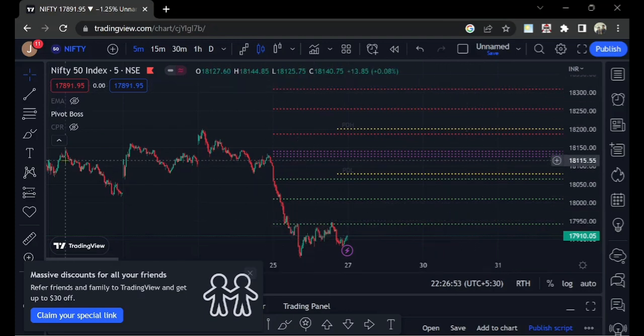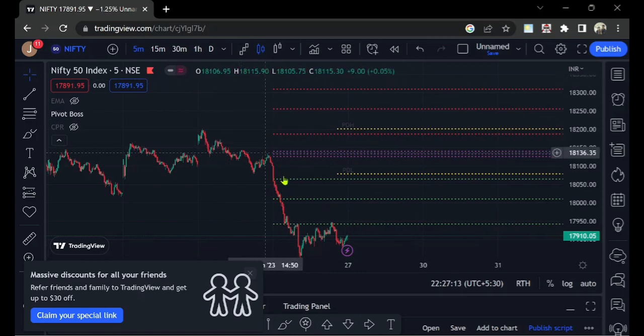If you want tomorrow's CPR, that is also available. You can go into the settings and search for tomorrow's CPR. CPR is simply calculated on the price levels of the previous day.